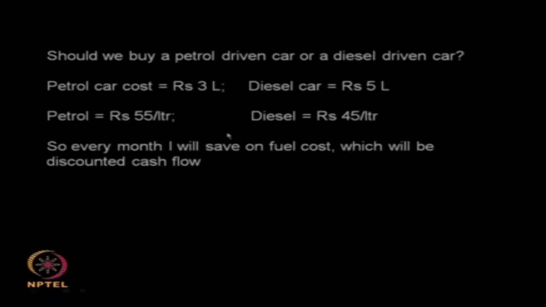So I can use this type of discounted cash flow to see whether it is advantageous to have a petrol driven car or a diesel driven car. So you can use this type of approach in your day to day regular life.